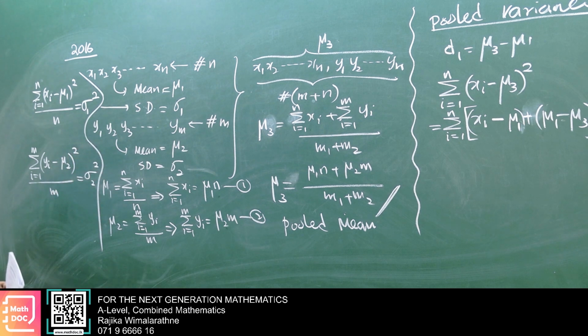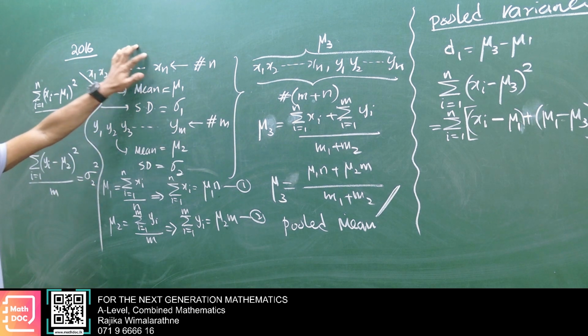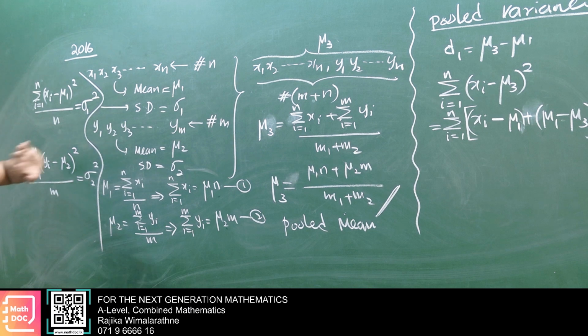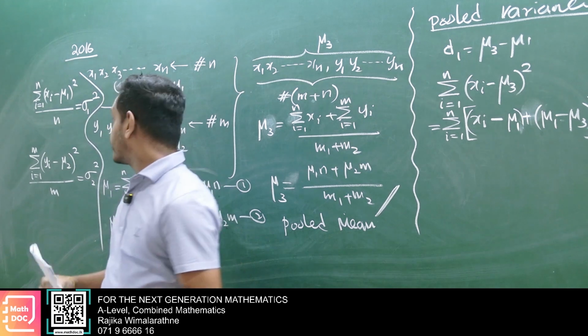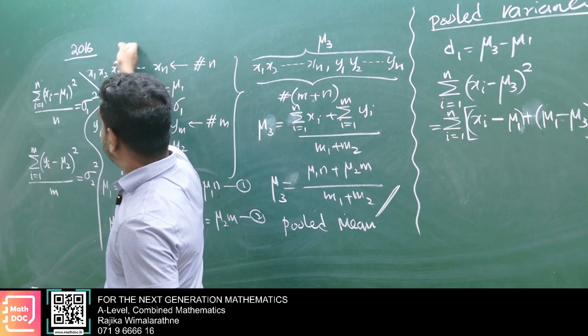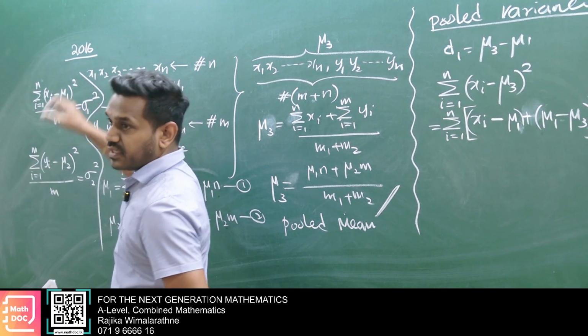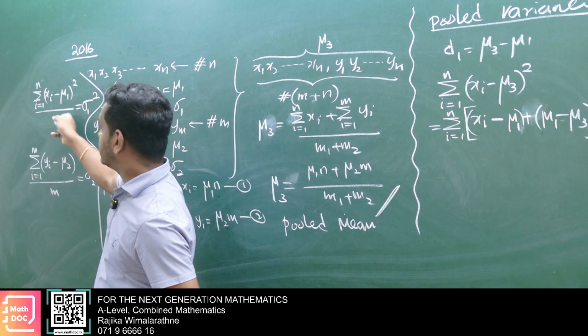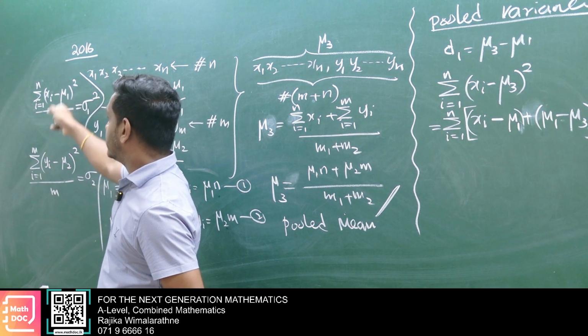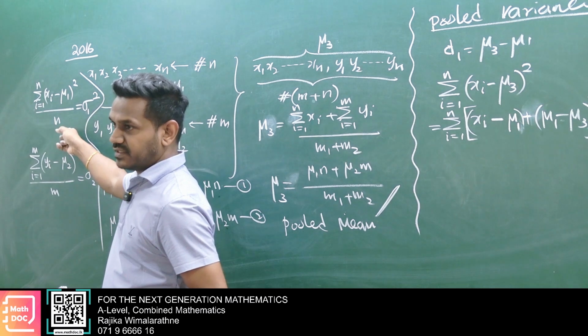Clear? For this case the variance formula is this, and for this case the variance formula is this. For variance, you have to calculate the mean, get the deviation from that mean, and square it. Here (xi minus mu1) squared divided by n. This is the original formula.